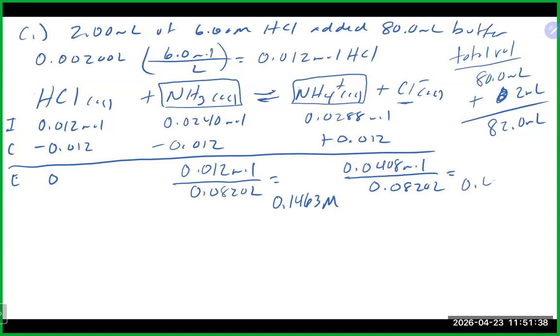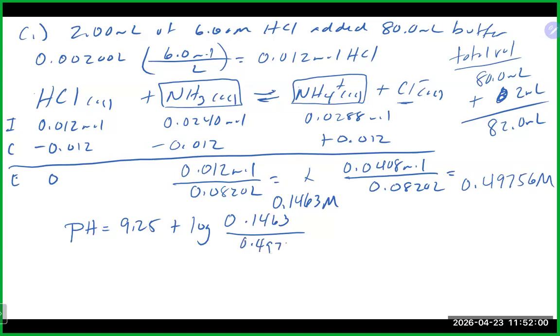And 0.49756 molar for NH4 plus. Once again, still a buffer, so we can go into our Henderson-Hasselbalch, still the same pKa, 9.25, plus the log of my base, which once again is 0.1463, divided by our acid, 0.49756.